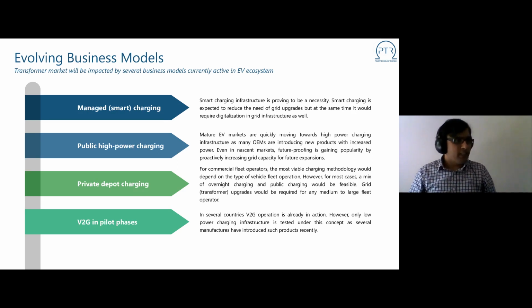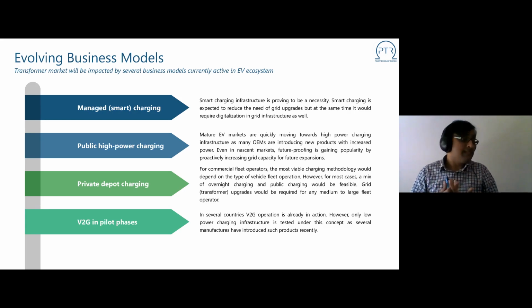Finally, a topic which we did not discuss already, which is vehicle to grid. This is something which has been in discussions for a long time now. V2G, we already see part of the charging infrastructure which is moving towards V2G operation. Why is it important? Because we all know that in V2G, we have a bi-directional flow of information and power.